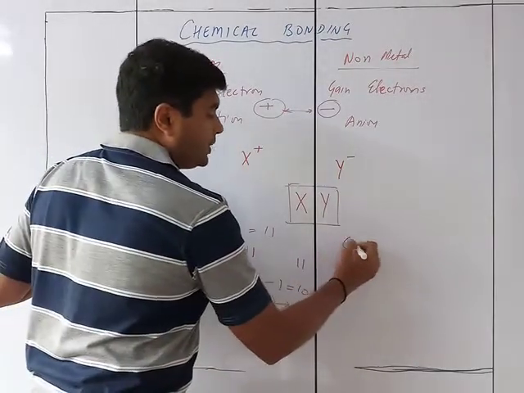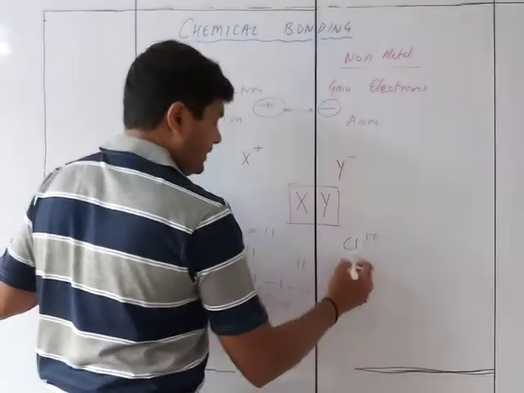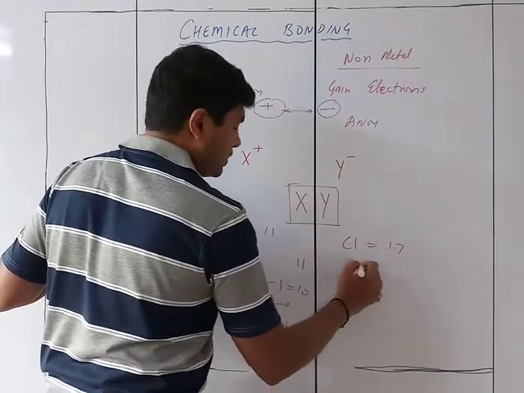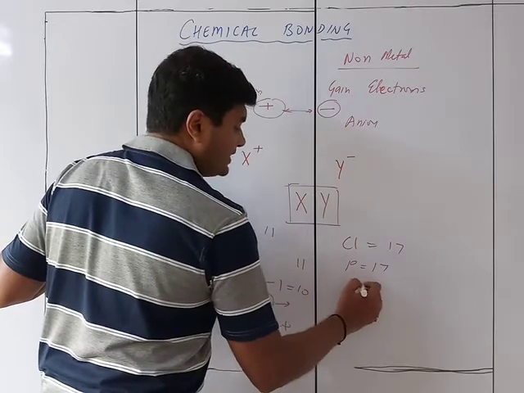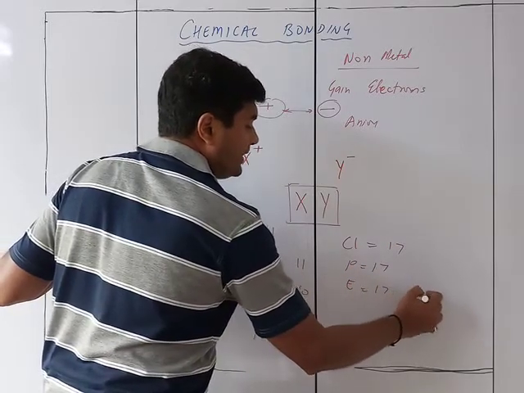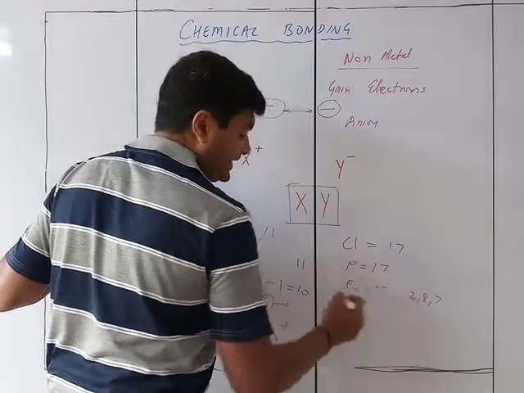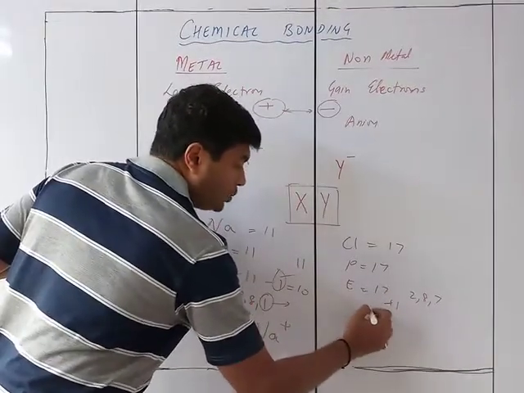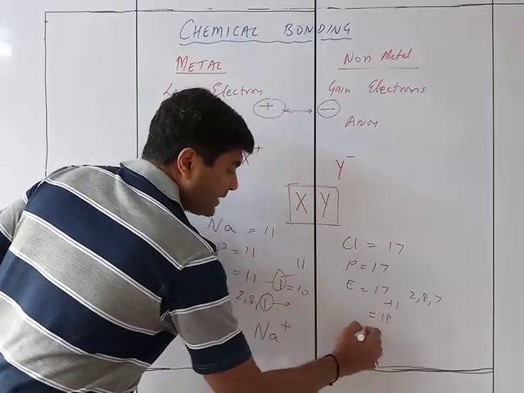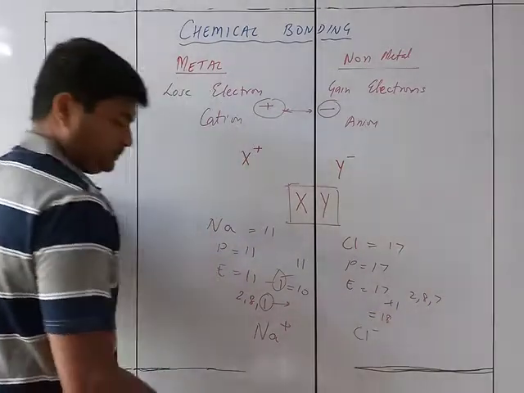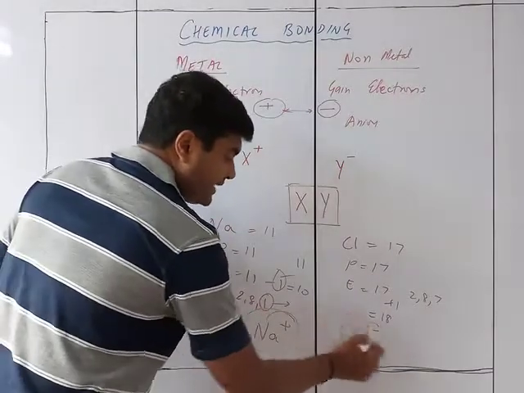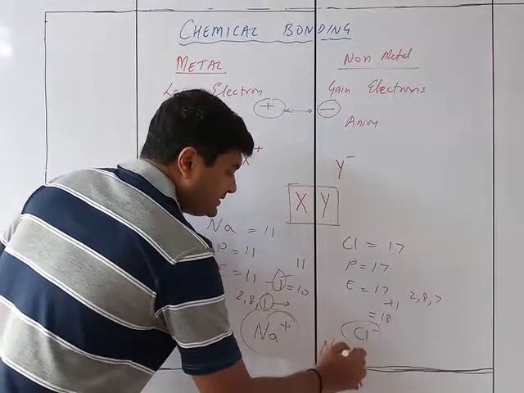You take chlorine, which has atomic number 17. So protons are 17, electrons are 17, which is 2, 8, 7. It accepts this one electron, so plus 1 makes it 18, hence it becomes Cl minus. And hence the combination of Na plus and Cl minus forms NaCl.